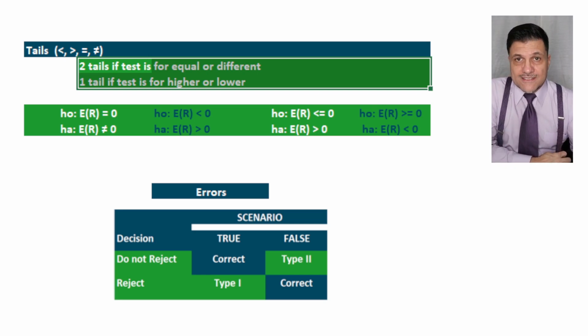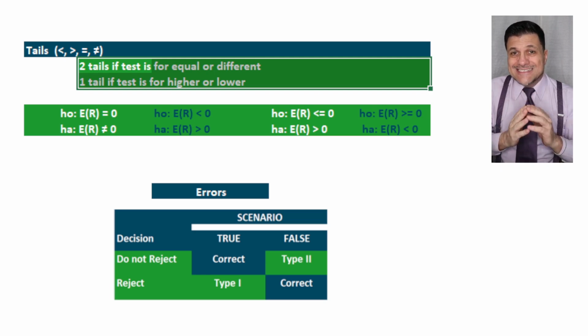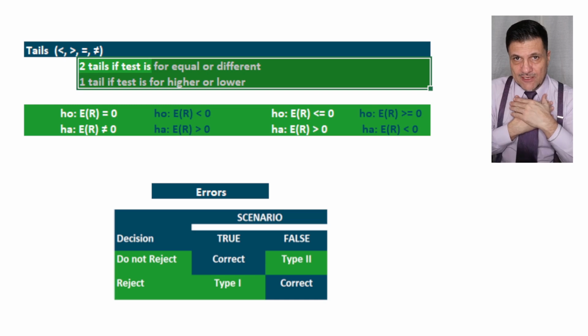So what is a two-tailed test? You can memorize that. It's when you state a hypothesis that has equal or different. If the hypothesis is H0 equal to 0, HA different than 0, or H0 equal to or different than 1, the other one has to be equal to 1. So again, if it's different than 1 is my hypothesis, then I want to reject it.